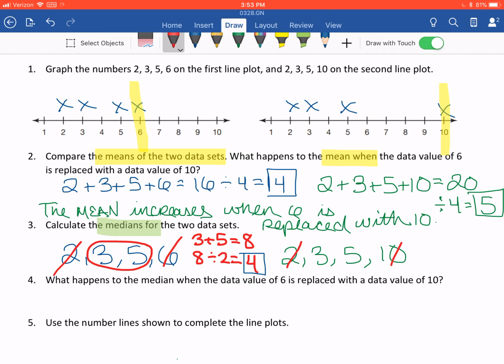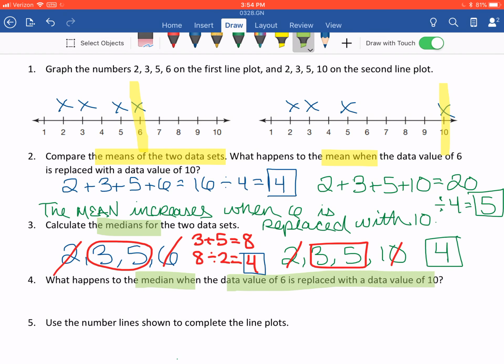Same thing for set 2. I have the same two numbers in the middle, so I can be confident that my median is also going to be 4. So my median for both sets of data is 4. What happens to the median when the data value of 6 is replaced with the data value of 10?